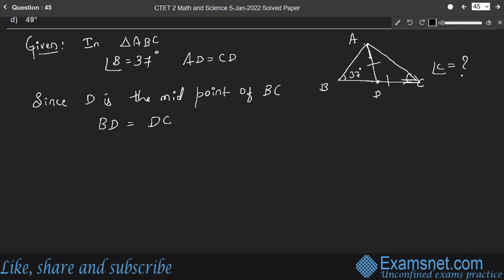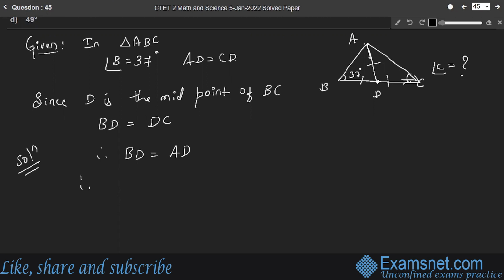Therefore, solution. Here BD is equal to CD. CD is equal to AD. Therefore, BD is equal to AD. We can say, therefore, ABD is an isosceles triangle. So, in an isosceles triangle, angles opposite to equal sides are also equal.